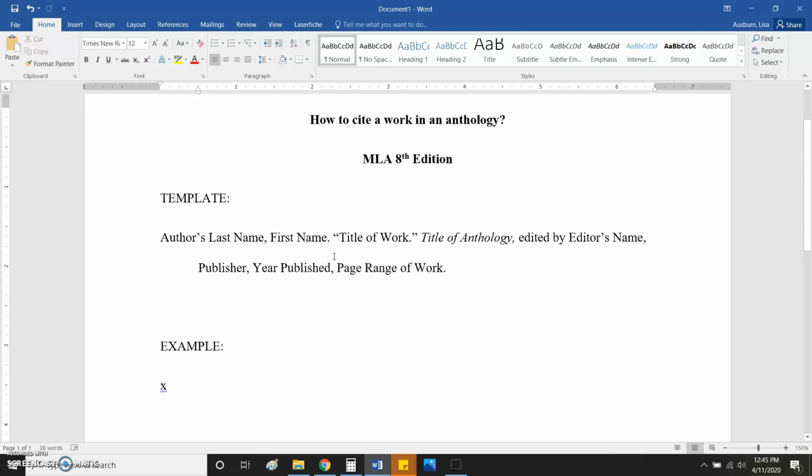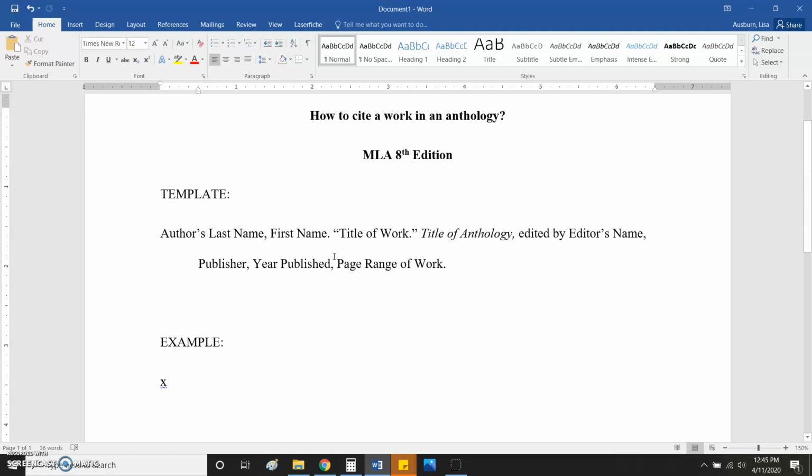Okay, so let's build an example. I want to use the article Growing Less Dumb by Eileen Brenoff that we read last semester. It starts on page 281 in our textbook, and so that's the example that I'm going to be using to build this for you.